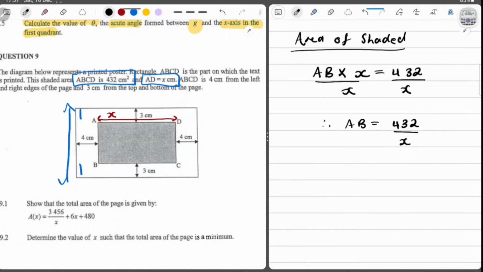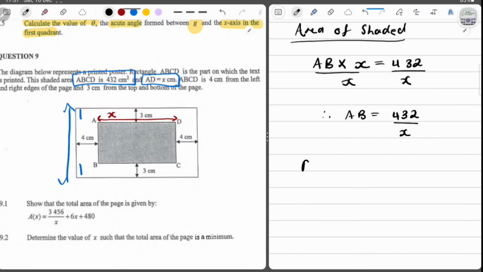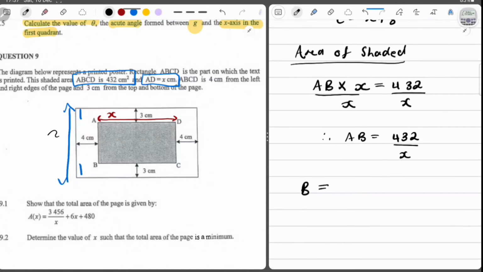So this now makes finding the breadth of this page easier. To find the breadth of this page, we're just going to say it is that AB, which is 432 over x, plus that 3 centimeters, because that's what makes up the entire breadth. The 3 centimeters plus the 3 centimeters, which is 6 centimeters really.